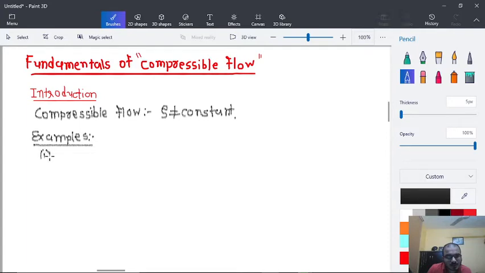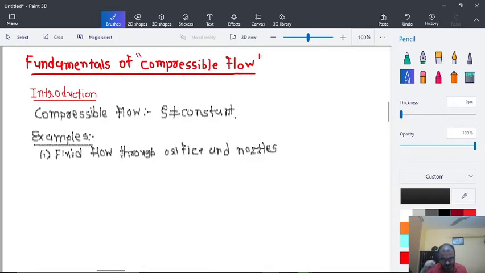First is fluid flow through orifice and nozzles. Second is flow through compressors.